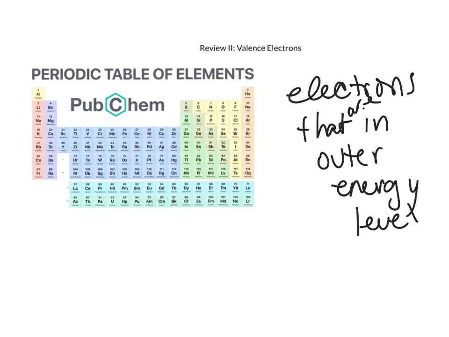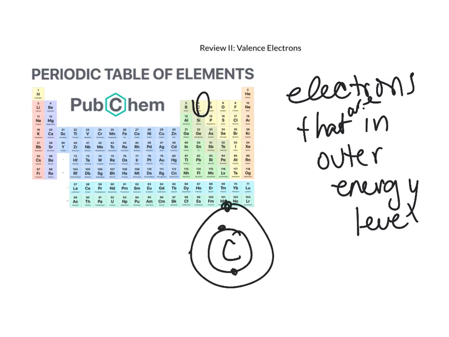So for example, if I take carbon right there, carbon is going to have 6 electrons total, but you have 2 that are in the inner energy level, and you have something like this for the outer one. The more you practice this, I would encourage you to look up and draw Bohr diagrams or Lewis diagrams for a lot of these elements, and you'll get this quicker the more you practice.